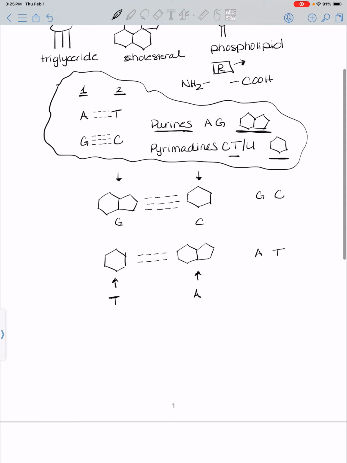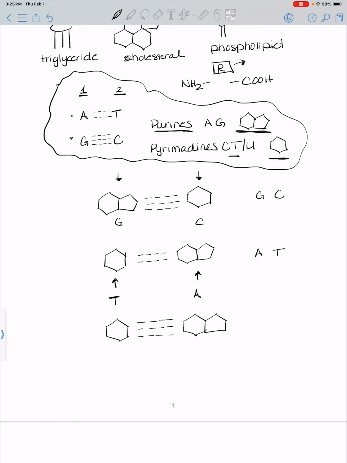And eventually you'll see they're basically all the same. So I could do another one, because you only have 2 possible options. You're just going to see it repeated over and over again. Let's do 3 hydrogen bonds here, with the purine. So we see 3 hydrogen bonds.